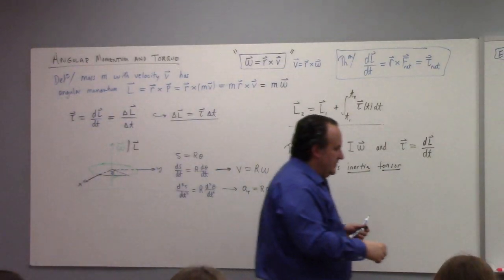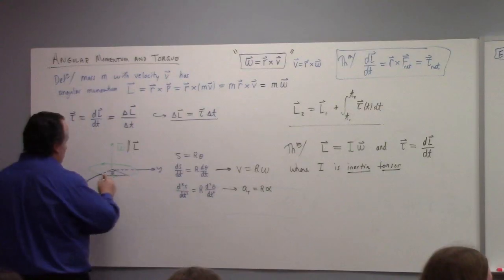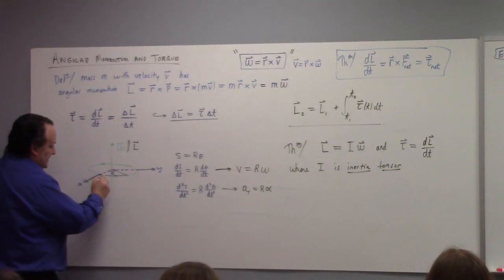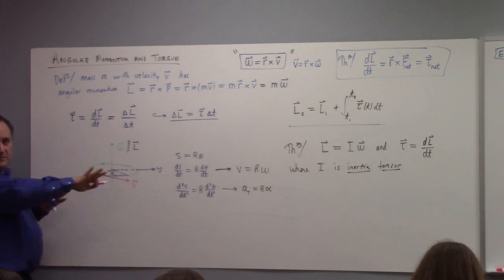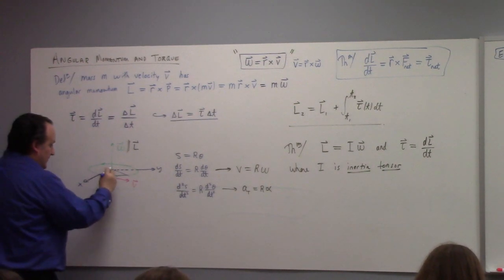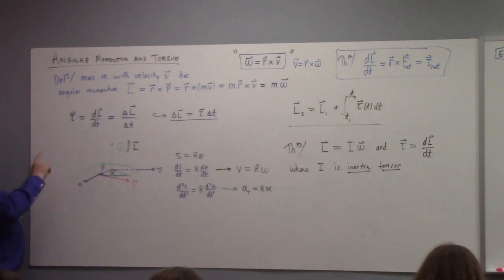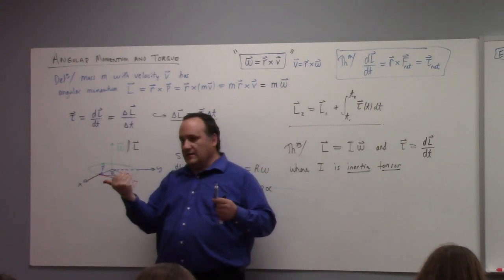I'm over here to pick a red marker. If you look here, the velocity would be horizontal for this one, and the radial vector is like this. So let's test my formula, r cross omega. R, coming out at us, crossed omega.